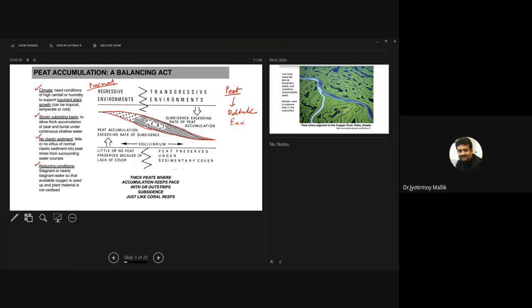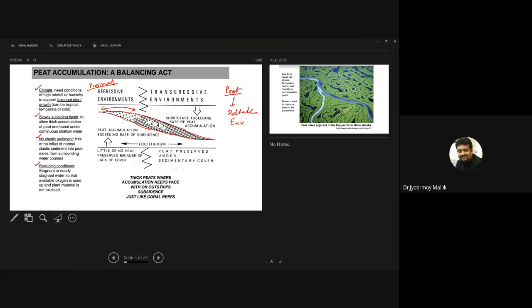So this part of the environment would make sure that there would be little or no peat preserved because of the lack of cover. Because if there is no subsidence, it will not be able to cover it up, right? So subsidence is necessary, and that has to be more than the peat accumulation rate, and that happens in the distal part.